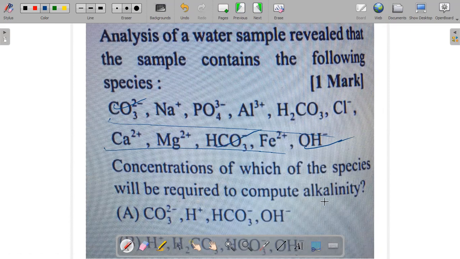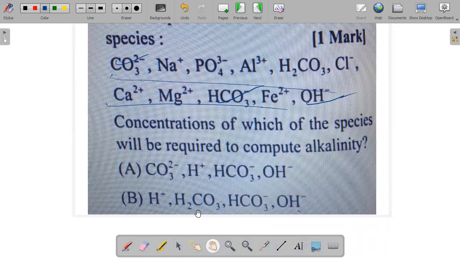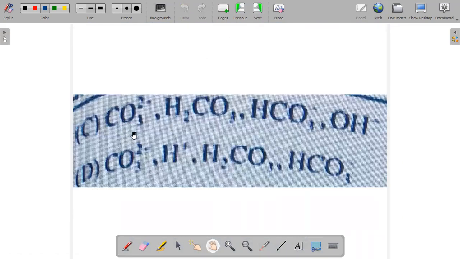Yeah, from only these things. So here CO3 2 minus, H plus, HCO3 minus, OH minus; H plus, H2CO3, HCO3 minus, OH minus; CO3 2 minus, HCO3 minus, OH minus; and CO3 2 minus, H plus, H2CO3, HCO3 minus.